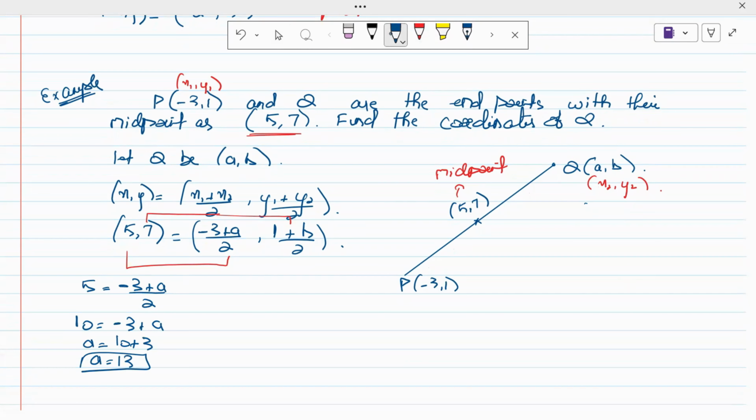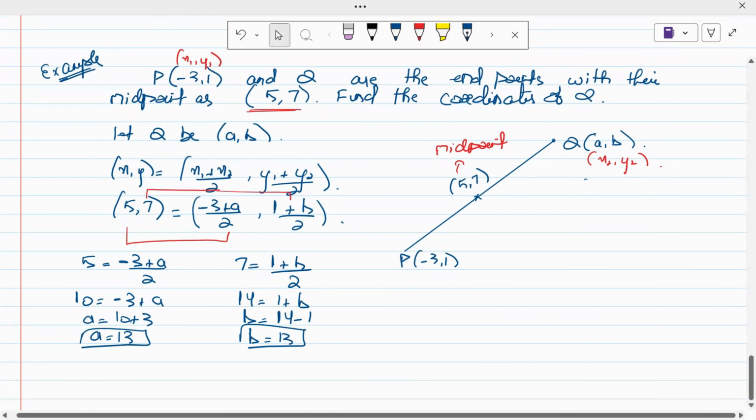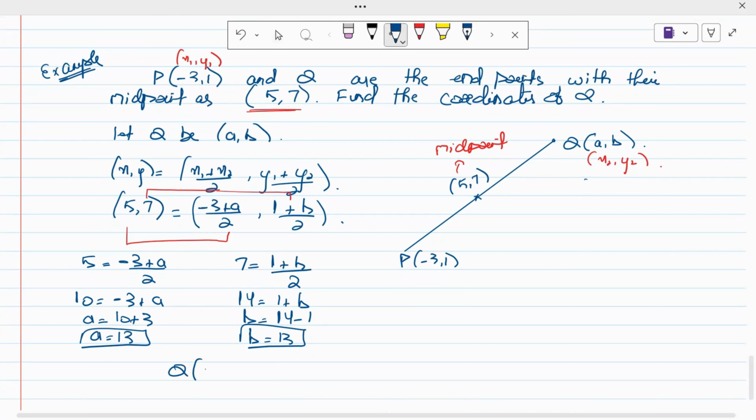For b, we compare the y coordinate: 7 = (1 + b)/2. Cross multiplying, 7 into 2 is 14 = 1 + b, so b is 14 - 1, that's 13. So this missing endpoint Q has the coordinates (13, 13).